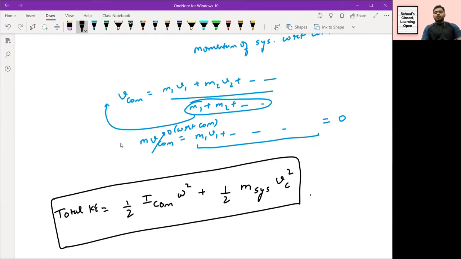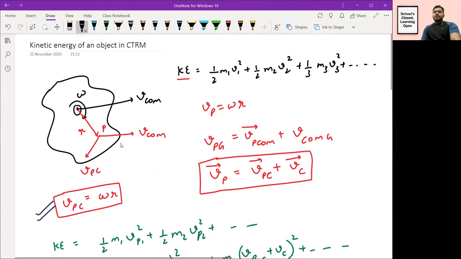A quick review of what we have done. We already know that the basic definition of kinetic energy is half mv square, right? Half m1 v1 square plus half m2 v2 square. So we wrote velocities of every single particle. The velocity of any particle is omega r with respect to center of mass, plus velocity of center of mass. And we know that velocity of any particle with respect to ground is velocity of particle with respect to center of mass plus velocity of center of mass with respect to ground, the general definition of relative motion.